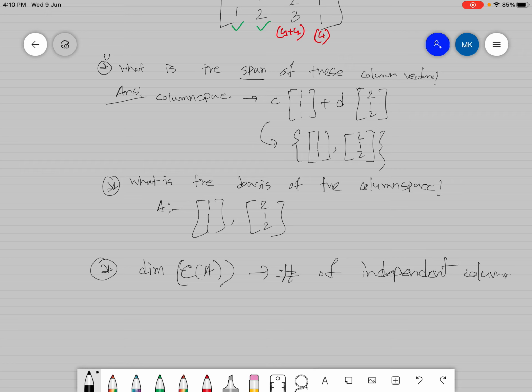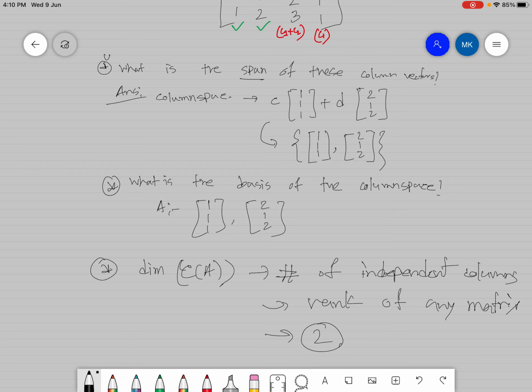Okay, so the number of independent columns actually specifies the rank of any matrix. In this case, the number of independent columns, or the rank of the matrix, is basically 2. So this is the dimension.